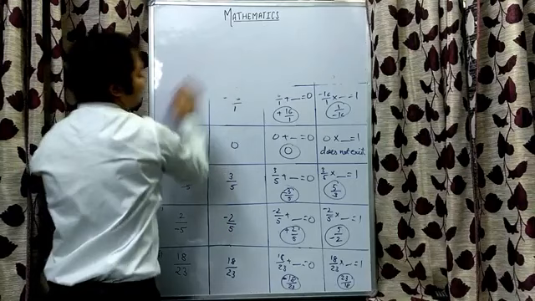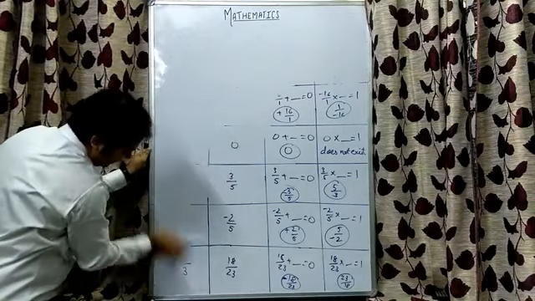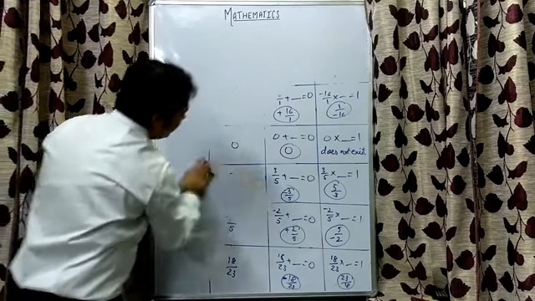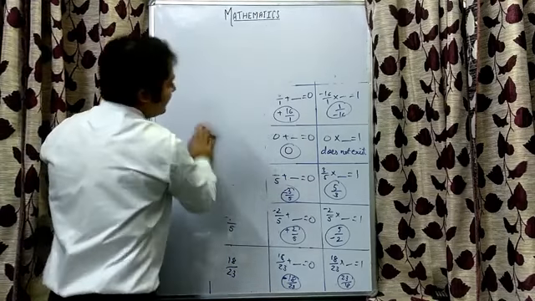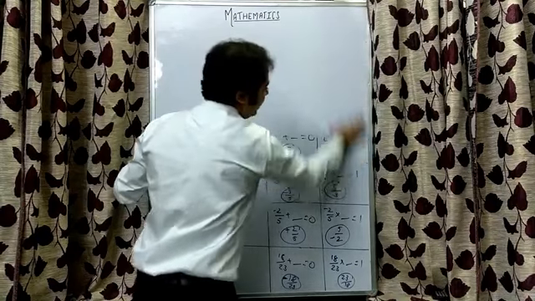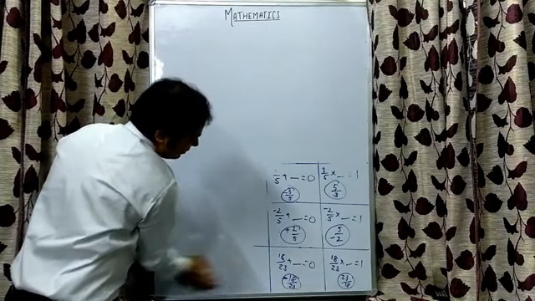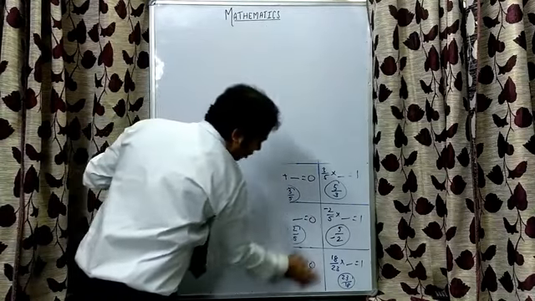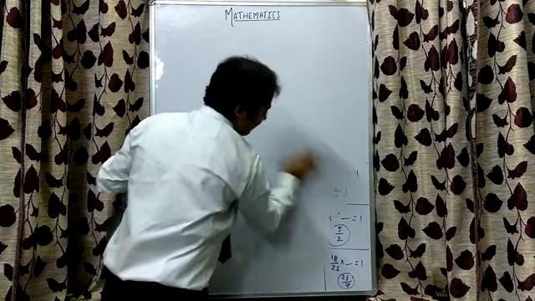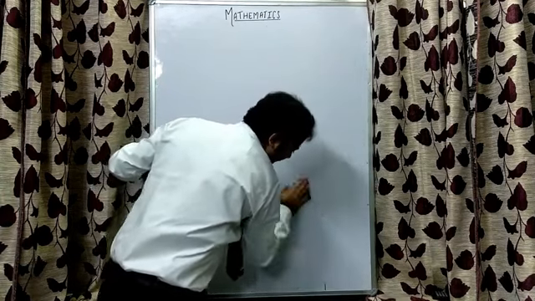Second, we will follow the same sign conversion rules that we have done in integers. And the third and very important thing is that for addition and subtraction of rational numbers, our given rational numbers should be like rational numbers. That means their denominators should be the same. But for multiplication and division, it is not required.